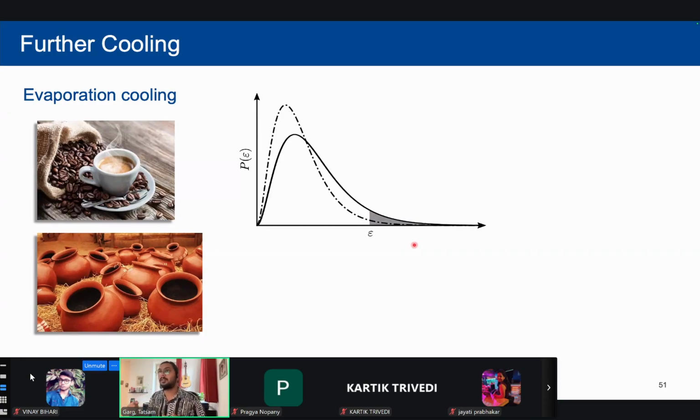And the one thing about thermal systems is that they always like to re-equilibrate towards another Boltzmann distribution. So my non-Boltzmann distribution is going to equilibrate towards the second one, which is dotted here, a Boltzmann distribution centered at a lower temperature. This is how the cooling process goes in an evaporative cooling system.